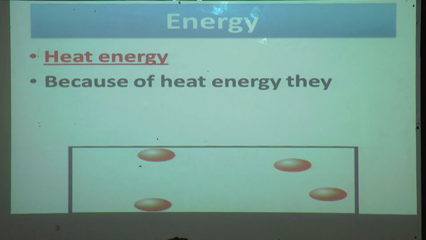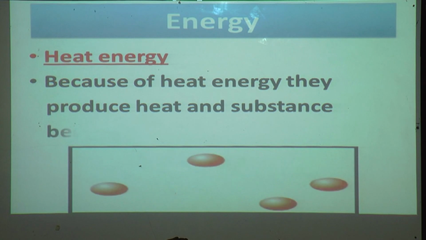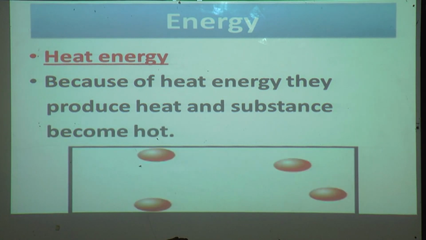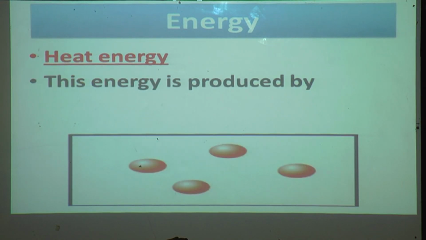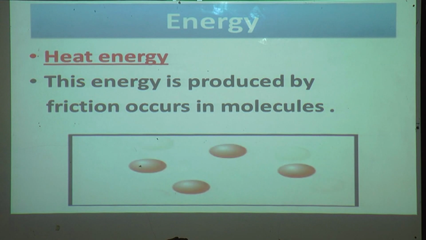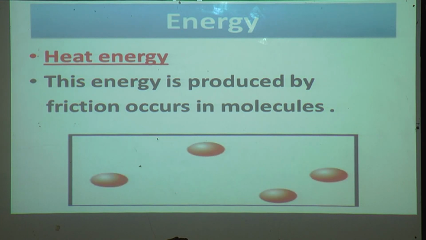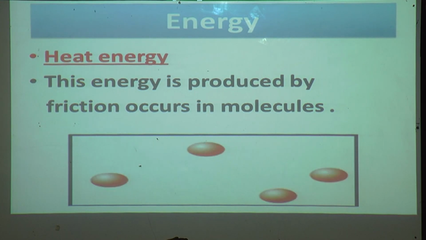Because of heat energy, they produce heat and substances become hot. This energy is produced by friction in molecules. They are moving so fast that they rub against each other, so friction occurs and it produces heat energy.